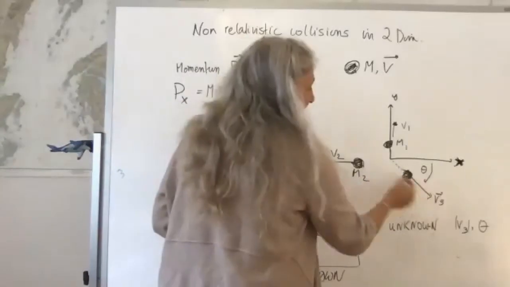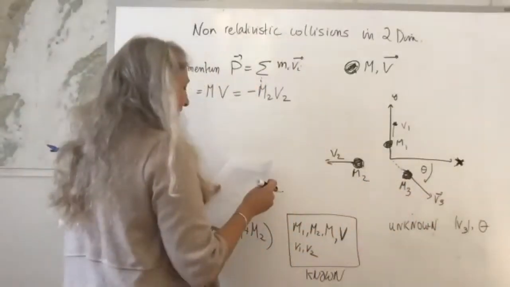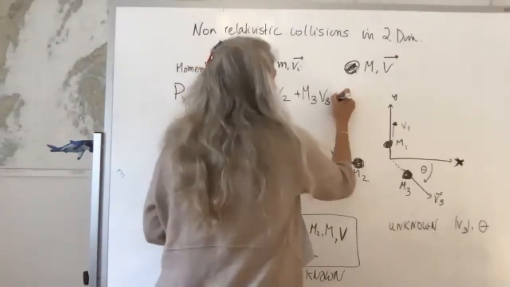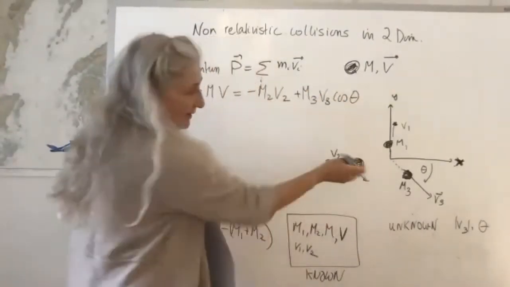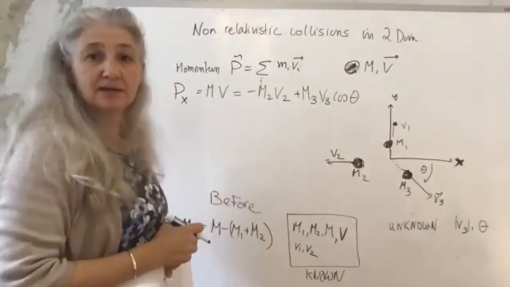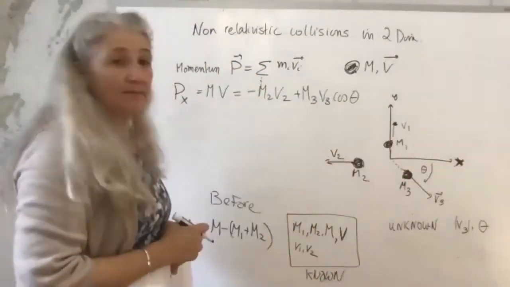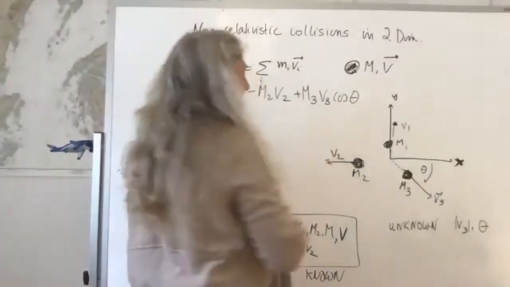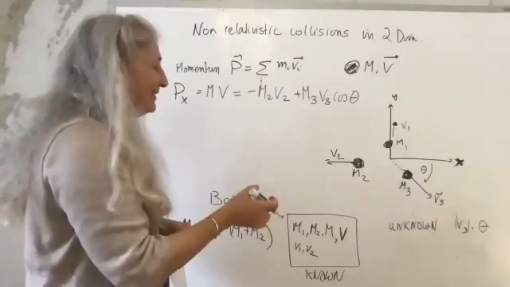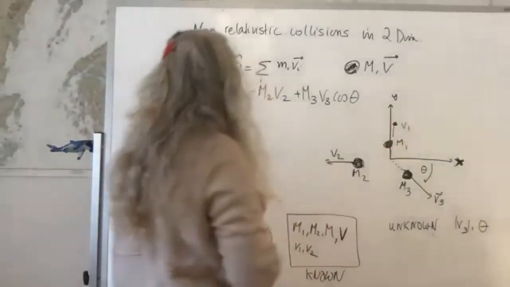And I also have a component from m3 v3 cosine theta. If theta were 0, then I would have a positive horizontal component. So that's why I have a cosine there. That's the horizontal momentum.